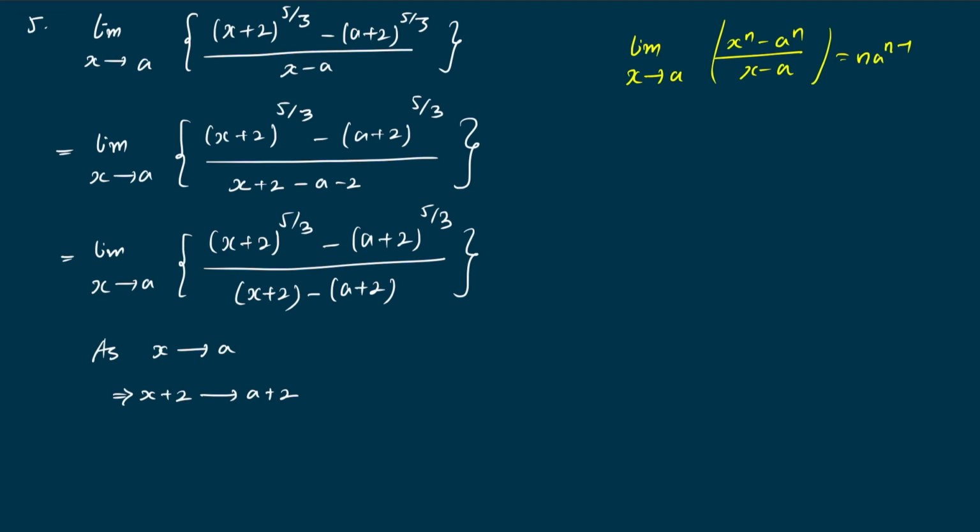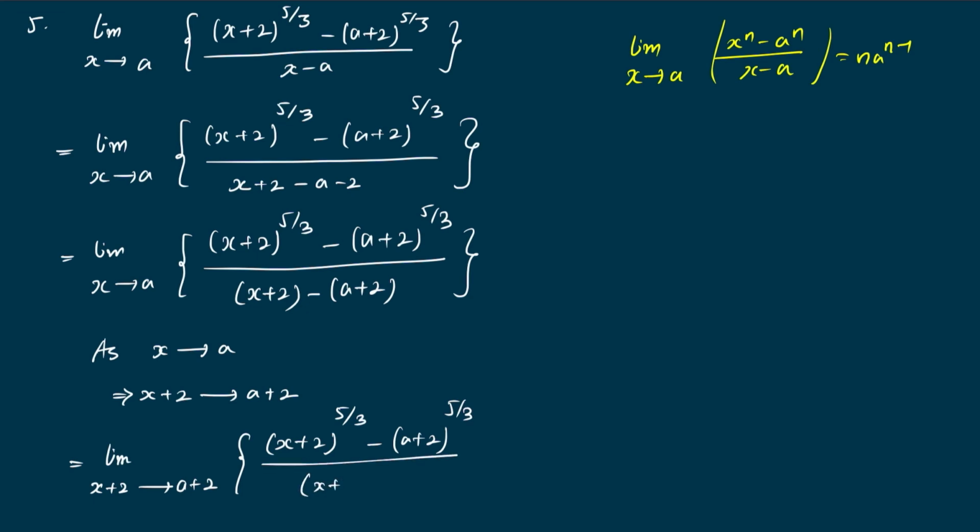So now I can write this question as limit x plus 2 tends to a plus 2 of (x plus 2) whole to the power 5 by 3 minus (a plus 2) whole to the power 5 by 3, whole divided by (x plus 2) minus (a plus 2). Now my expression is perfectly matching with this formula.